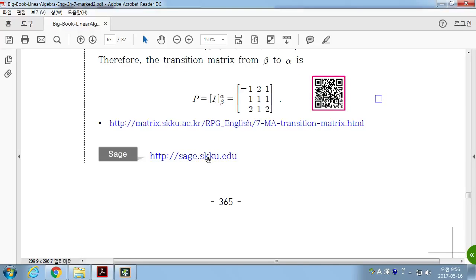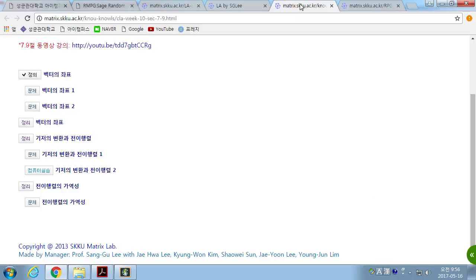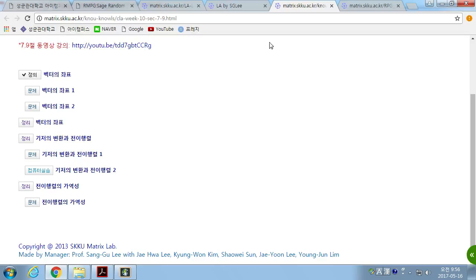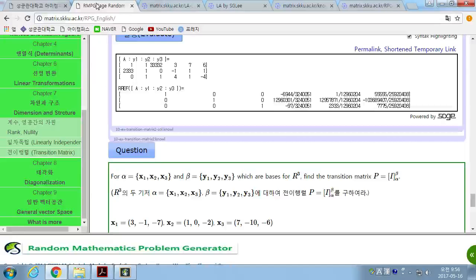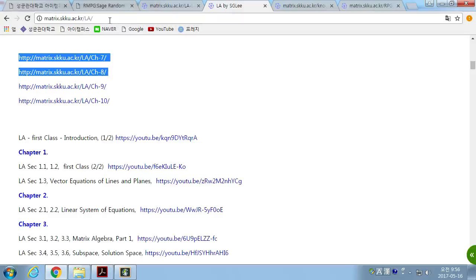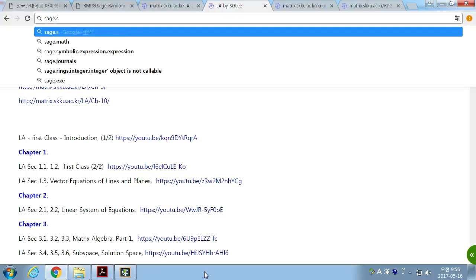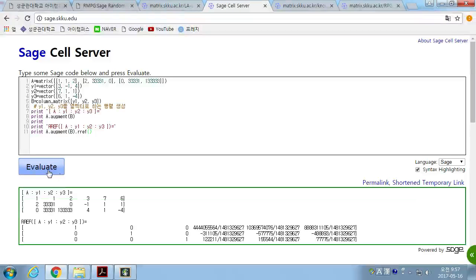So if you copy this, for example, and go here, if you copy this and paste it, then you will find the same answers.